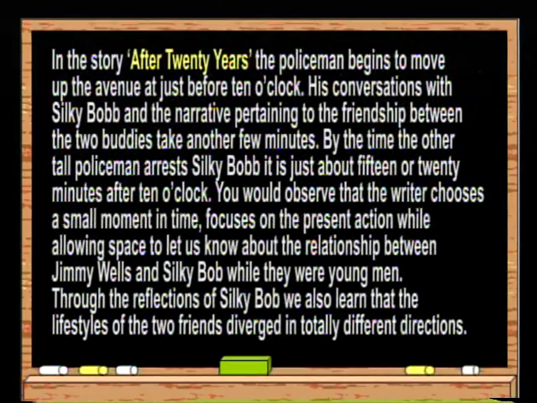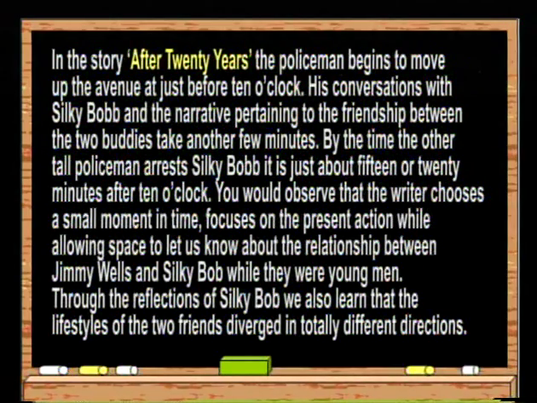In the story After 20 Years, the policeman begins to move up the avenue at just before 10 o'clock. His conversations with Silky Bob and the narrative pertaining to the friendship between the two buddies take another few minutes.